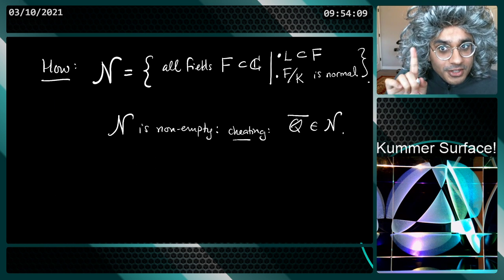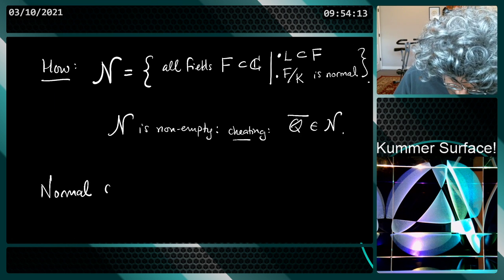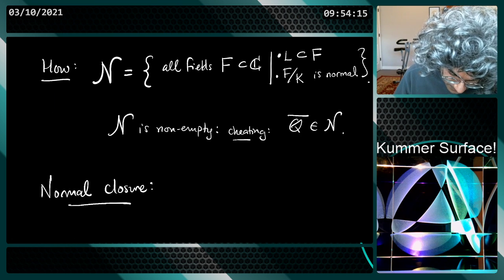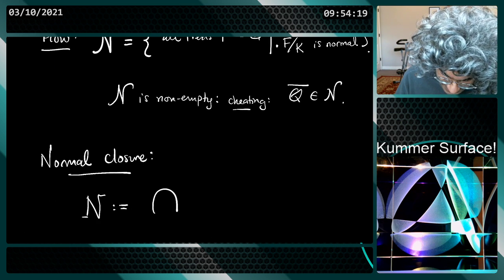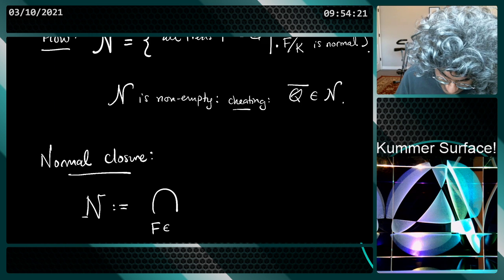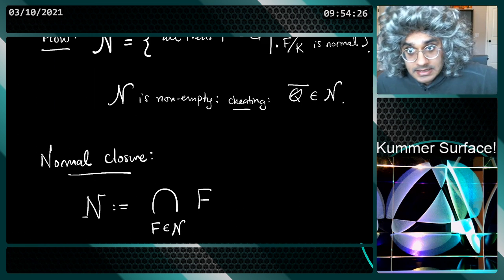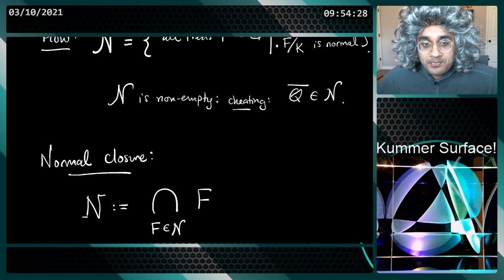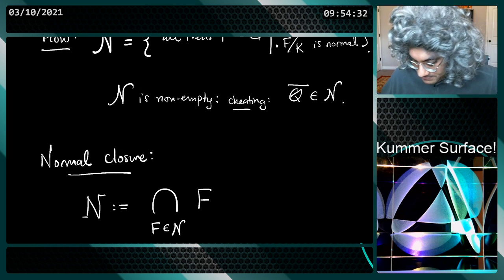Okay, so how do you construct a normal closure? Normal closure is the following. It is the field N, which is the intersection of all the fields in this set of fields. That's the normal closure. Okay? Now, the claim here is, okay, this is a field. Claim.